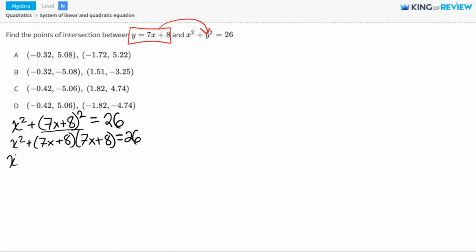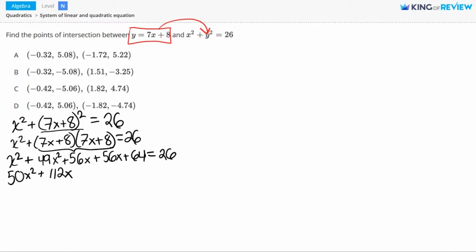We get x squared plus, and I'll use FOIL to multiply this portion out, 49x squared plus 56x plus 56x plus 64 equals 26. Now combine like terms. 50x squared plus 112x plus 64 equals 26.